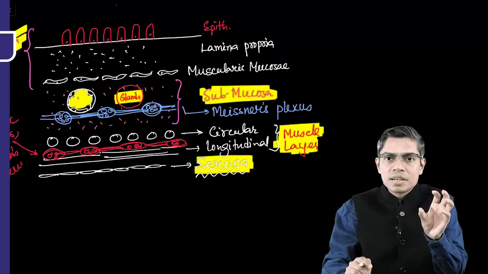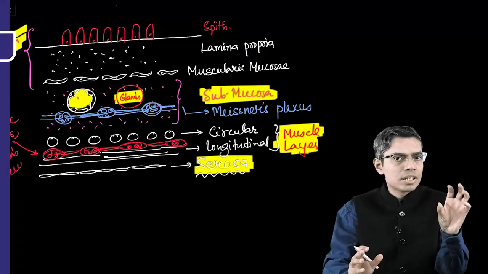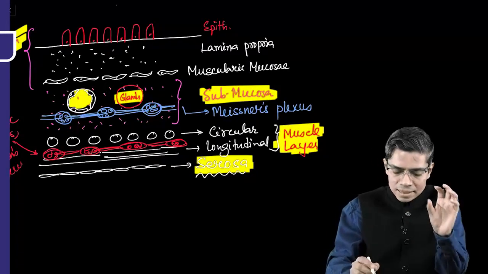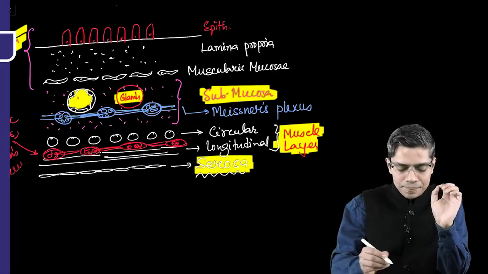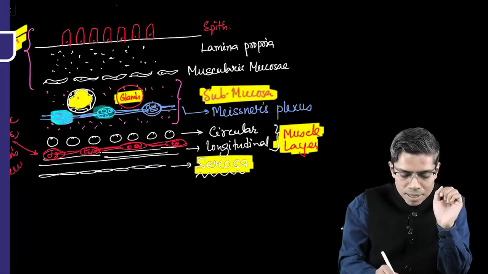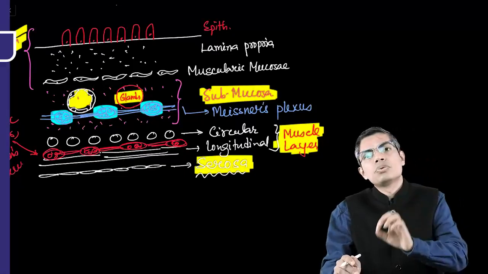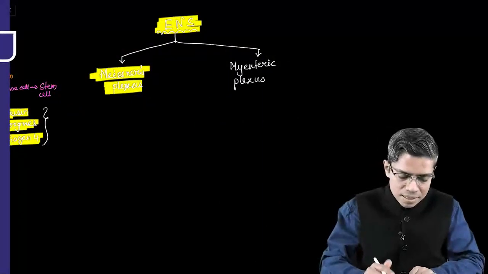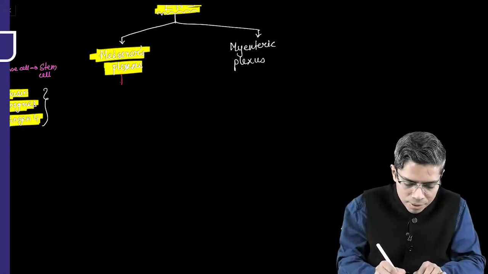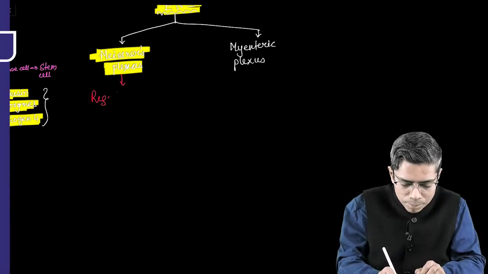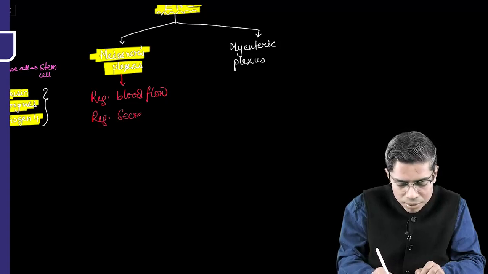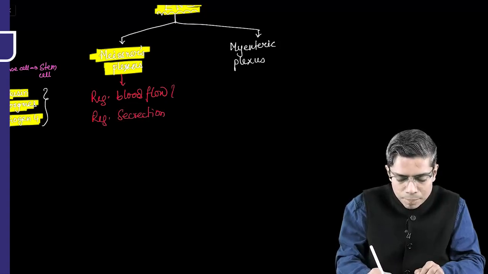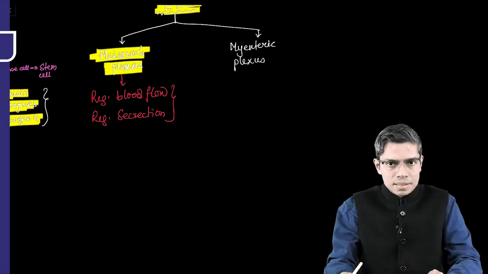So the regulation of these blood vessels and these glands, means regulation of the blood flow and the glandular secretion, is done by the neuronal plexus which is located close to them. And that's why we all know that Meissner's plexus is responsible for regulation of the blood flow of the GIT as well as regulation of the secretion of the GIT. These two are the major functions of the Meissner's plexus.